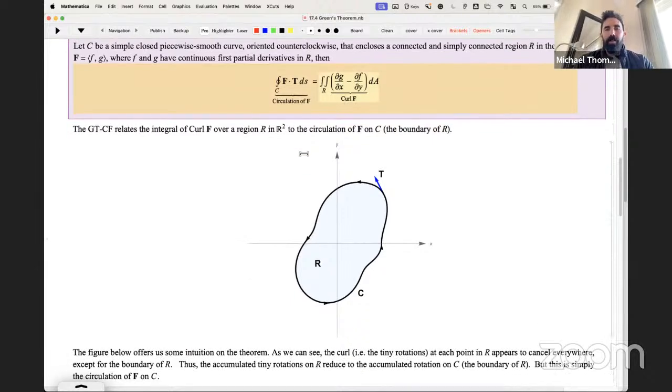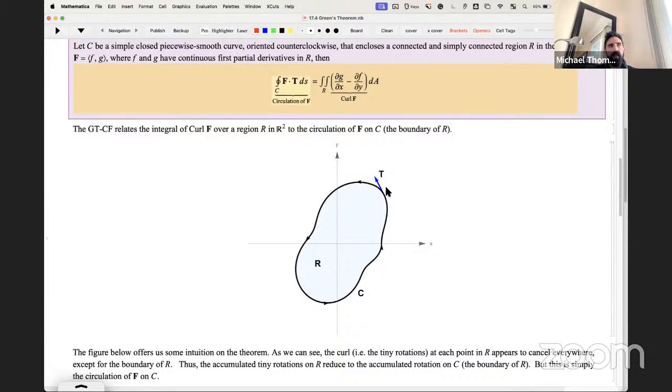All right, okay, so it does the same thing. Basically, it says that if we integrate the curl at every point inside, you could evaluate that integral fine. It's just a double integral, but if we wanted to, we could do the same thing by finding the circulation on the boundary. It's a direct extension of the FTC2.